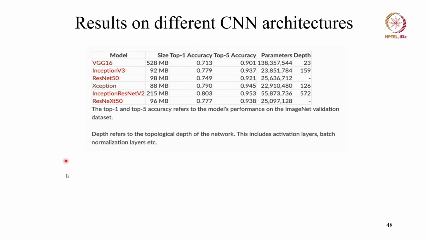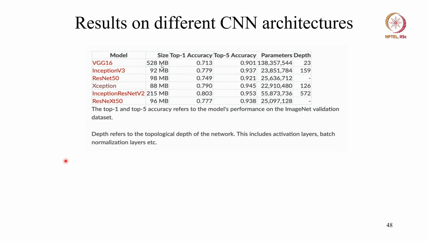Okay, again, if we look at the results on various CNN models, we can see this gives the top 1 and the top 5 accuracies. We can see that the best is this Inception ResNet version 2, right? And of course, it has a lot of parameters, but not as much as the VGG.